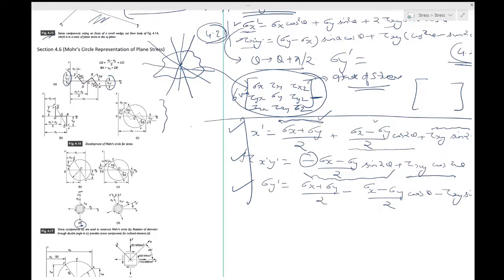So this is the x you locate with coordinates sigma x and tau xy, this one. This is just trying to correspond to this place.